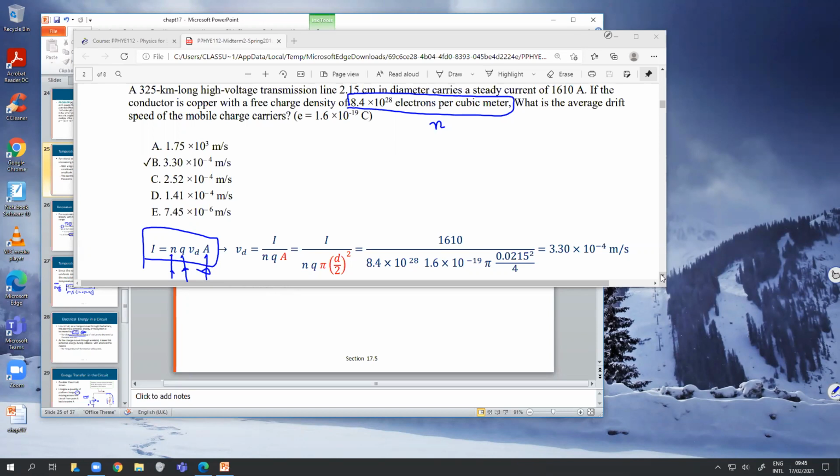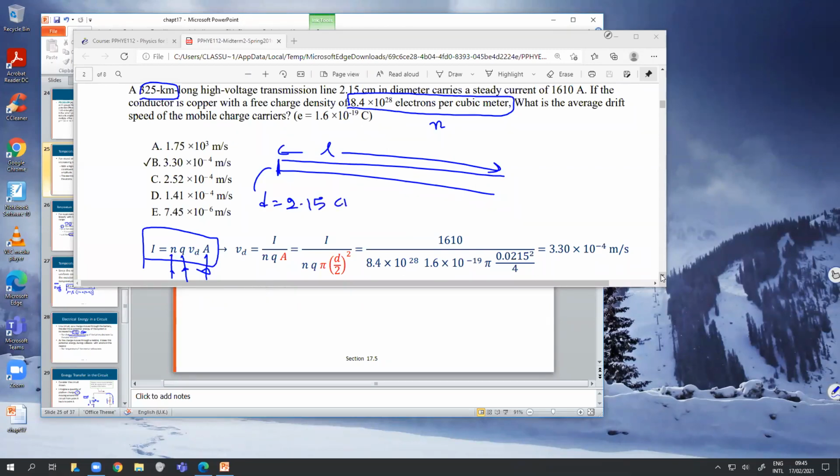Okay. So we got a 325 kilometer long wire. Probably we don't even need this length. It has a 2.15 centimeter diameter and carries a steady current I of 1610 amperes.